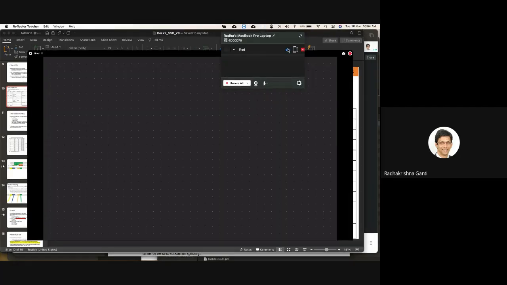I will just draw it and share with you. Let's just take the example of 30 kilohertz SCS, so that it's easy. Every subframe has 2 slots.